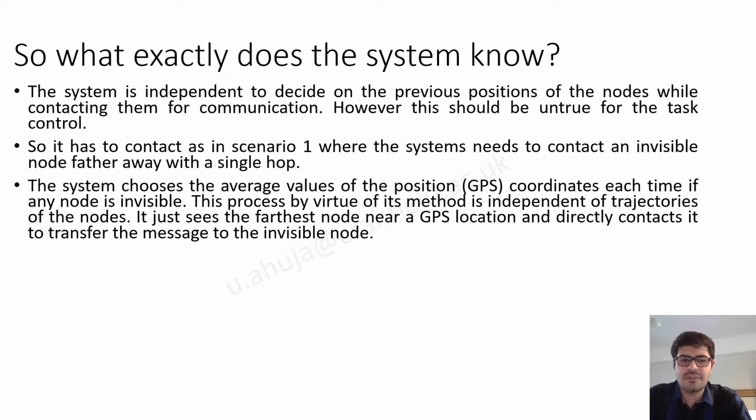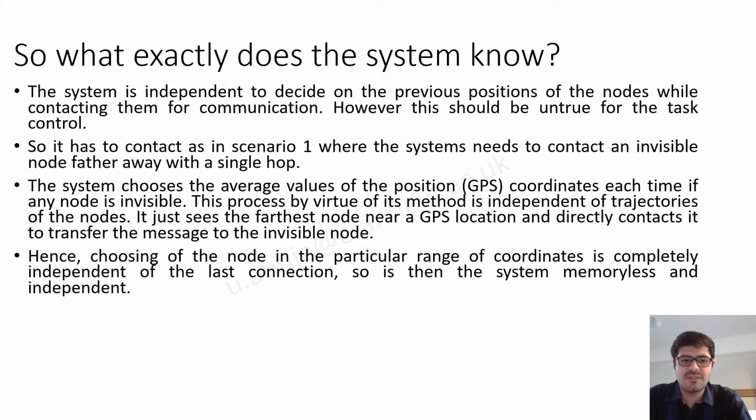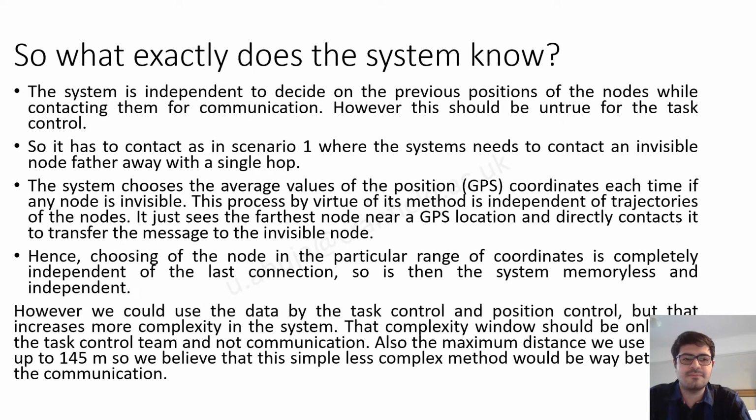This process, by virtue of its method, is independent of the trajectories of the nodes. It just sees the farthest node's nearby GPS location and directly contacts it to transfer the message to the invisible node. Hence, the choosing of the node in a particular range of coordinates is completely independent of the last connection, so the system is memoryless and independent.